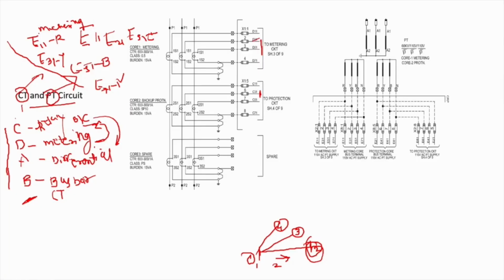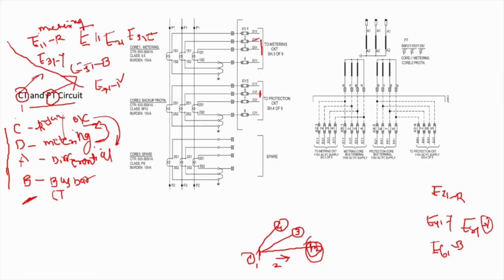And the protection PT, its ferrules are like this: E21, E41, E61, and E81. So here too, you have to understand that 21 means R, 41 means Y, 61 means B, and 81 is our neutral star.